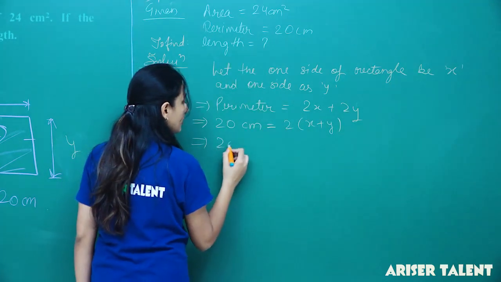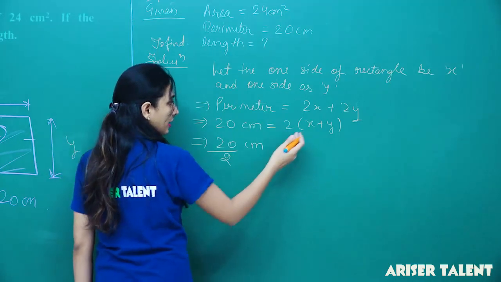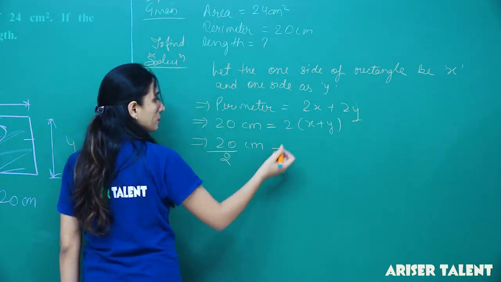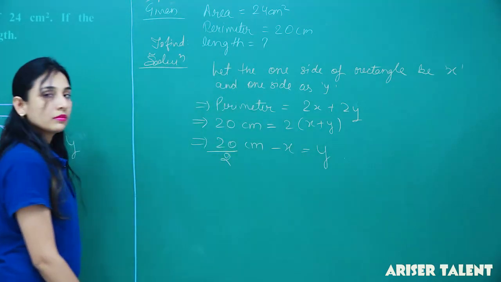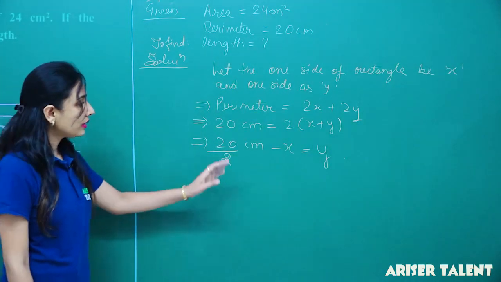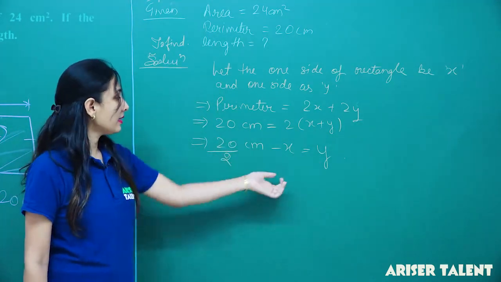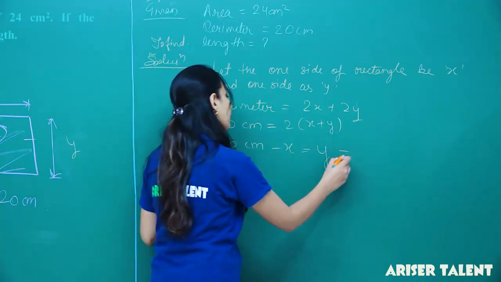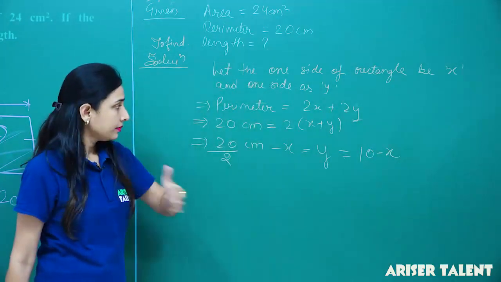So, 20 centimeter by 2, right. Then minus, let's suppose x here and y there. Okay. So, now students understand this, that y equals 10 minus x. This is eventually x. So, I can write it as 10 minus x centimeters for sure.